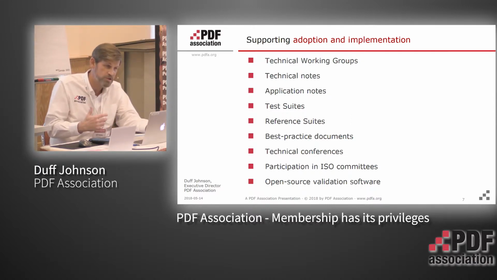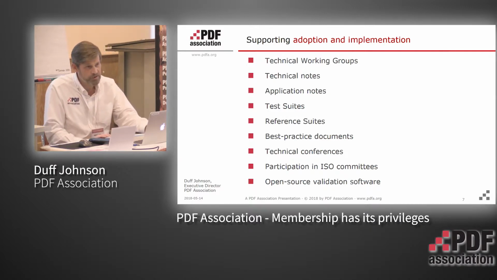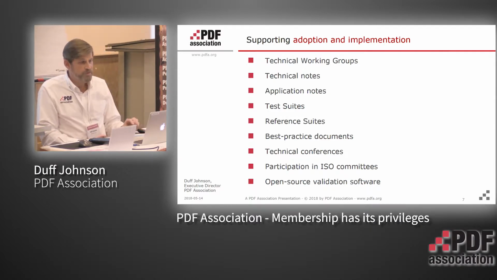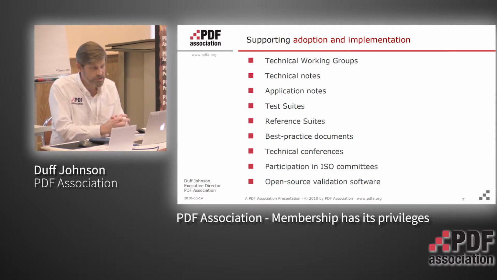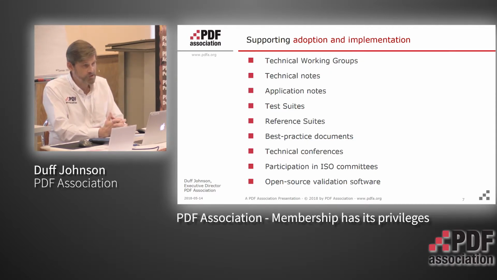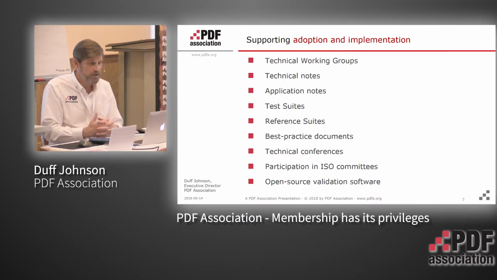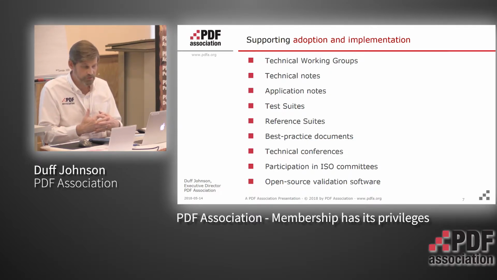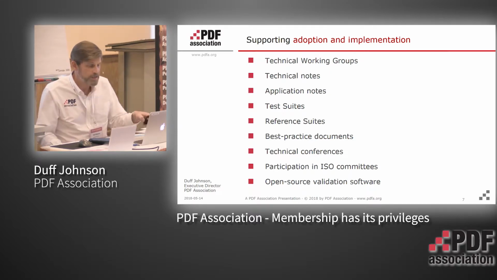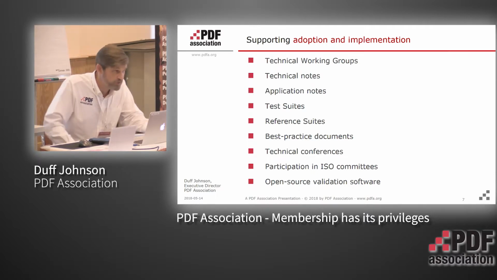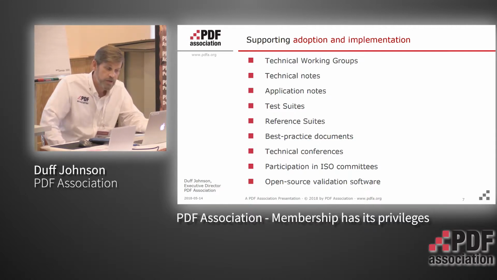These are documents generated by interested parties, developers and others, product managers and so on, who are willing to get together on a regular basis to do a conference call, discuss and debate their interests or their needs for a particular draft, advance a given document further forward, and then eventually, when everybody is satisfied with it, ratify the document, publish it on the PDF Association website.